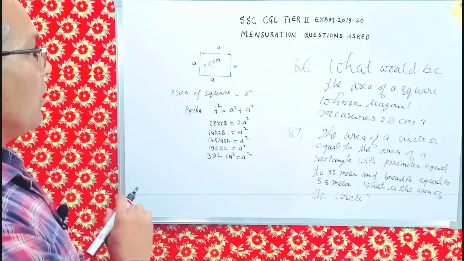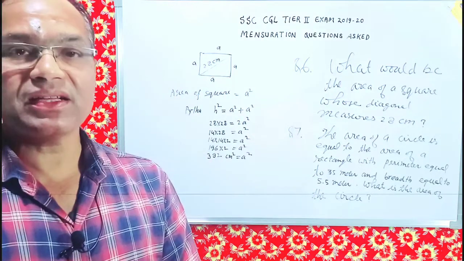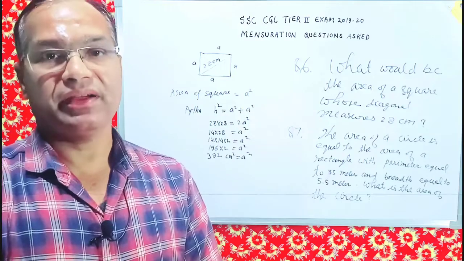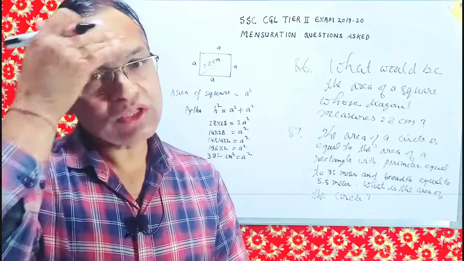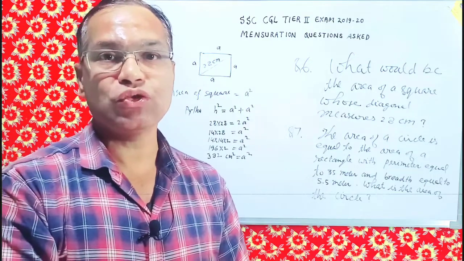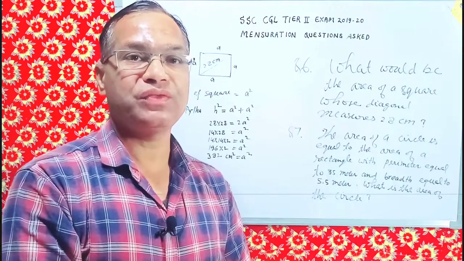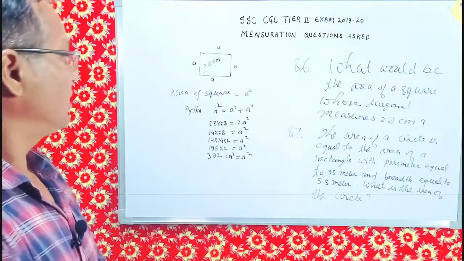Here we know that the area of the square is side into side, but we should also remember that the area of the square is equal to half of the square of the diagonal.